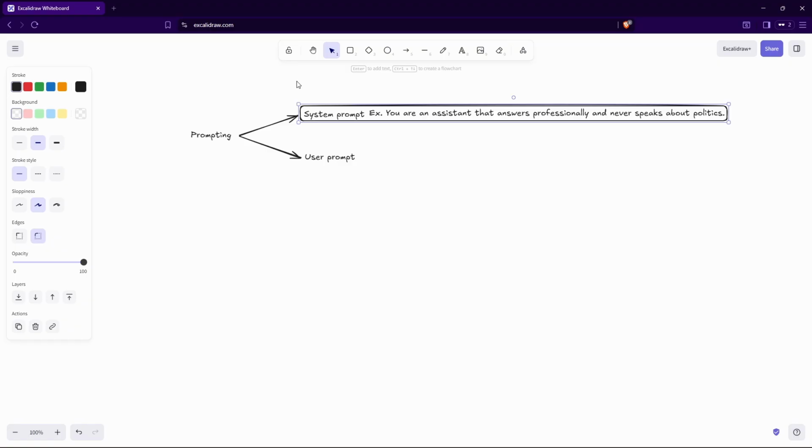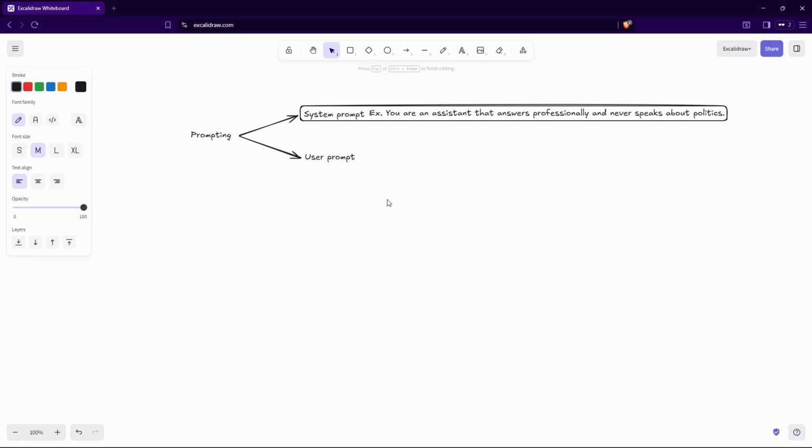Now, what happens if on the user prompt I say, hey, speak about politics? What will happen? The system prompt, as I said before, defines the rules of the game. It has the highest importance or precedence when it comes to collision.